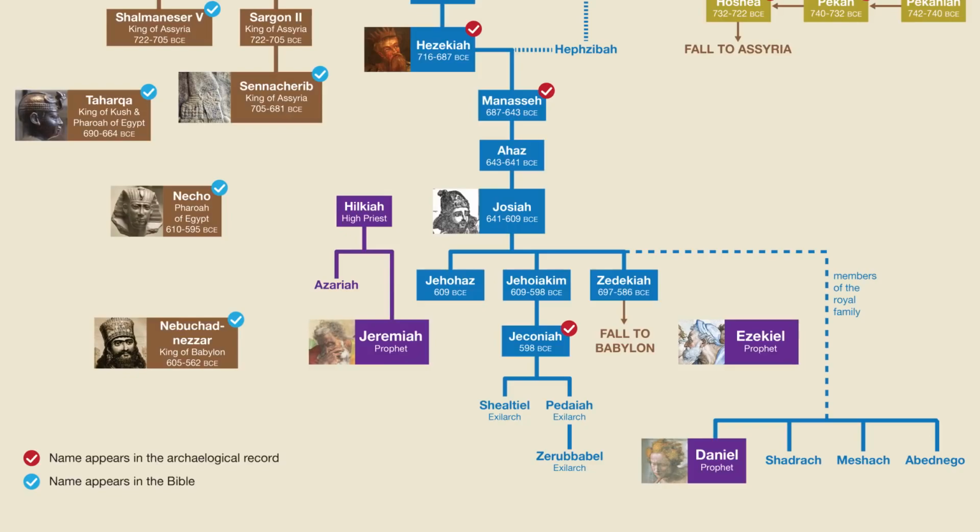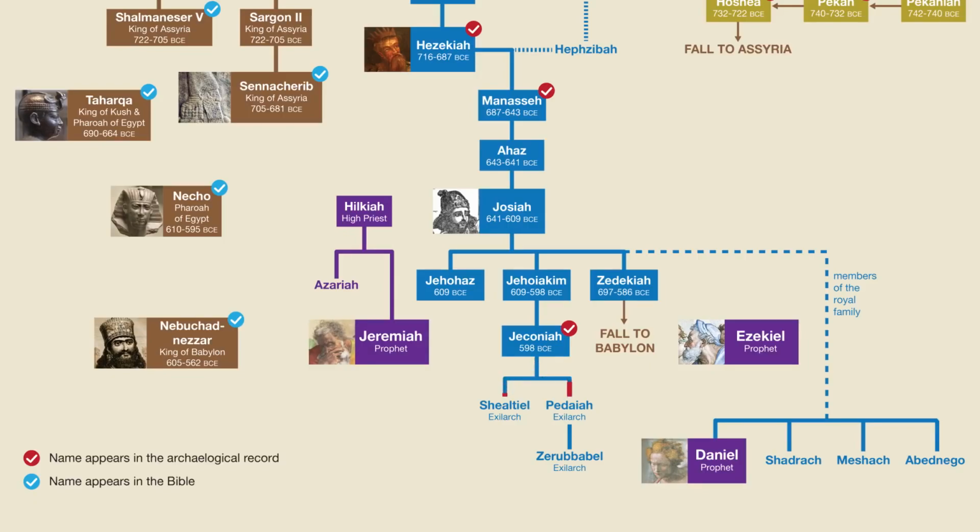Although the reign of the House of David officially came to an end in 586 BCE, there was a position known as the Exilarch that survived much longer. The exilarch was basically the leader of the Jewish community in Babylon. Early exilarchs include Jeconiah's son Shealtiel and grandson Zerubbabel.